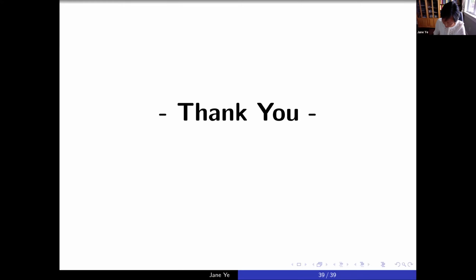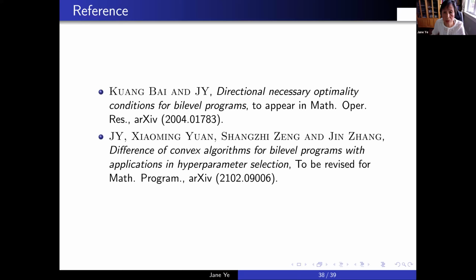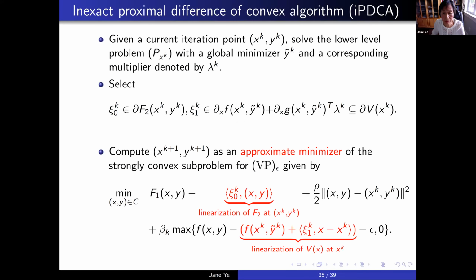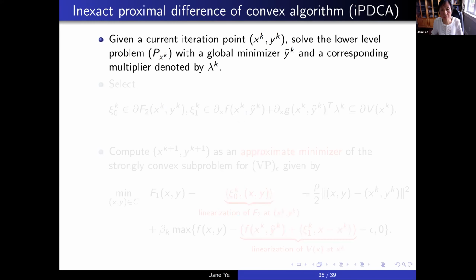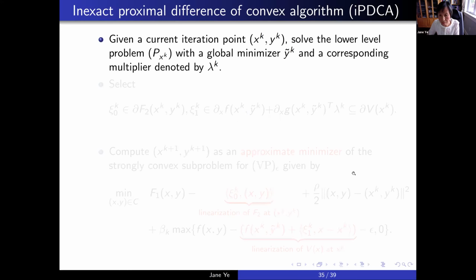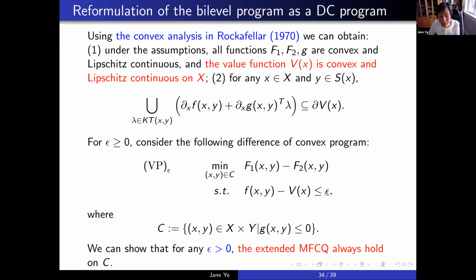That's a good question. That's why we use this condition. If we use a positive epsilon, then we sacrifice the accuracy of the lower level solution, but the MFCQ always holds without any condition.